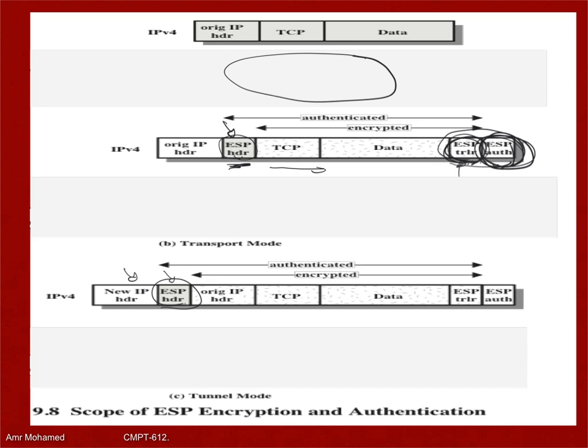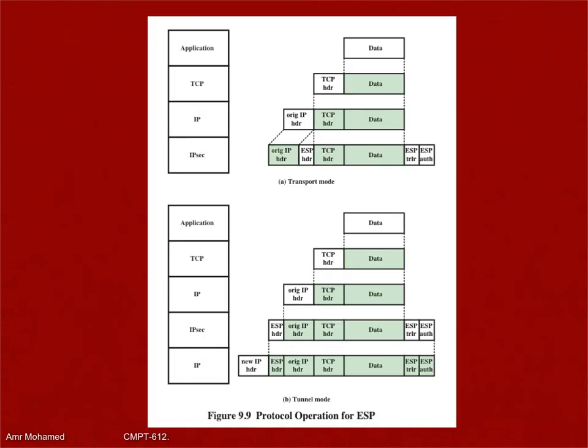Because we have to provide communication between the host and the router, and then in the router we have the outbound traffic going into the tunnel. So in that case we have to provide two encapsulation stages. That's how it looks in a layered model.